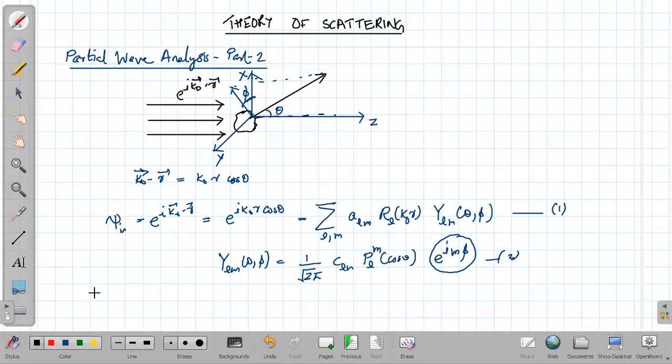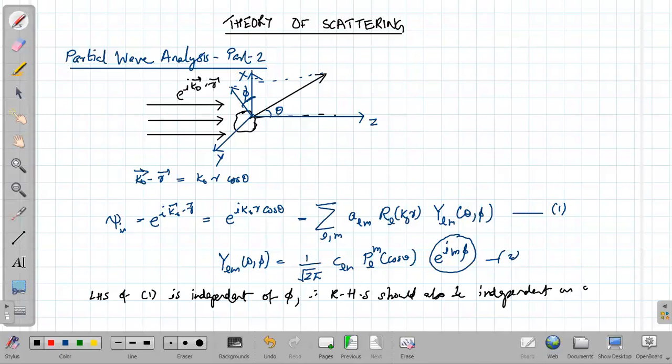So in equation number 1, the LHS is independent of phi. Therefore the RHS should also be independent of phi.